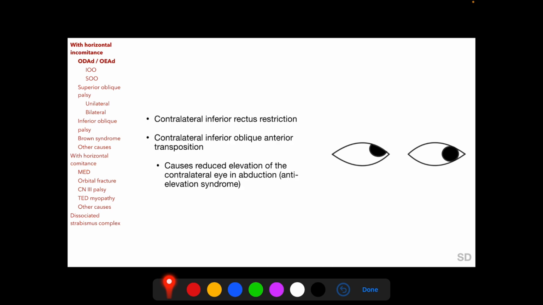Overelevation in adduction can be caused by restriction of the contralateral inferior rectus muscle and anterior transposition surgery of the contralateral inferior oblique muscle, because in both these situations there will be limited elevation of the contralateral eye in abduction and appearance of overelevation in adduction of the ipsilateral eye.